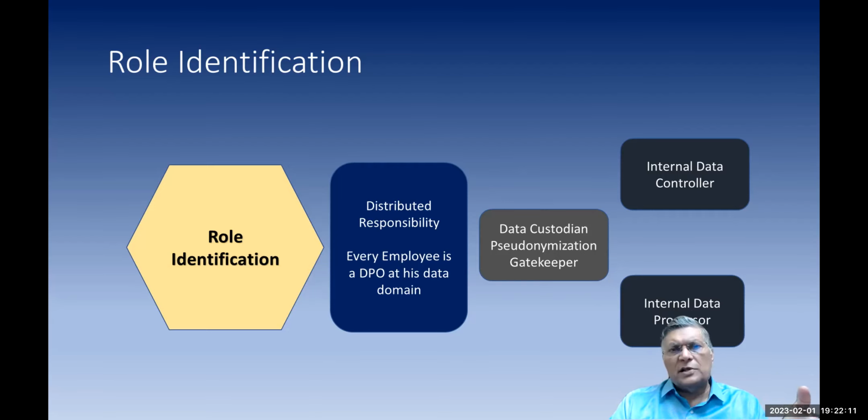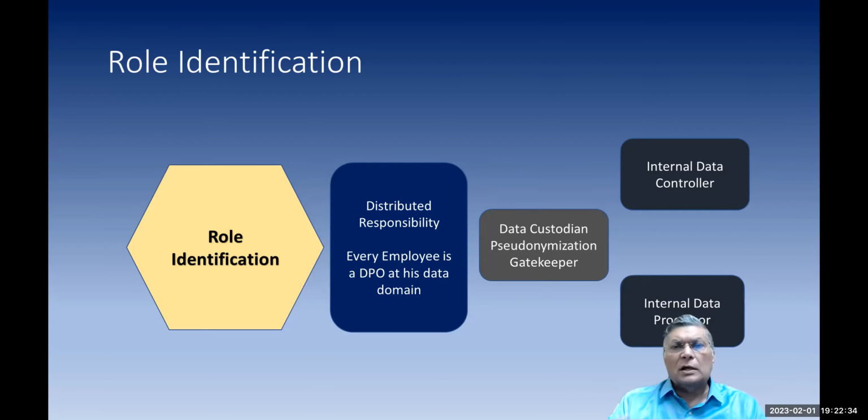But in an organization with hundreds and thousands of employees operating in multiple locations and different divisions, each technology process is itself a complicated process. To understand what my Bangalore unit is doing, what my Pune unit is doing, even for the DPO, it takes a lot of effort.